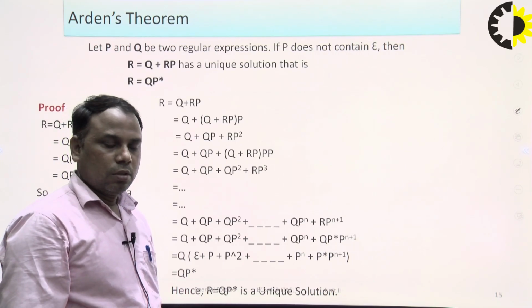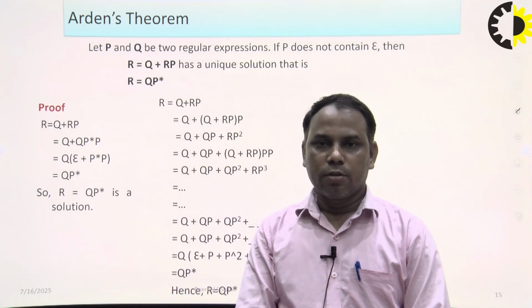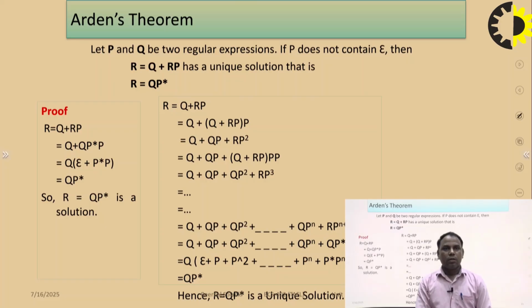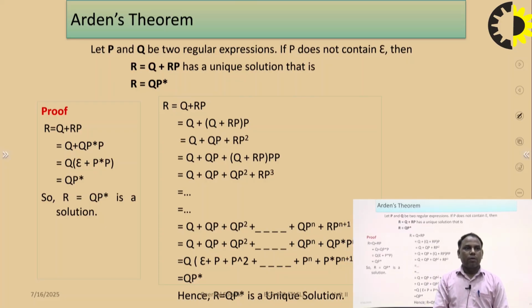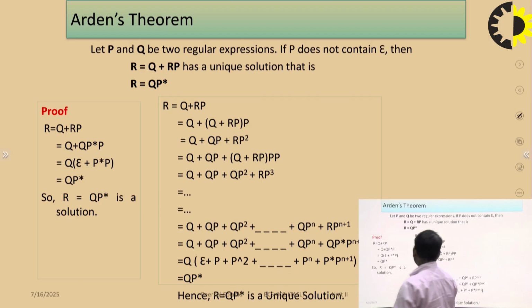So what is Arden's theorem, what is the statement of Arden's theorem, and its proof? Then R = Q + RP has a unique solution, that is R = QP*.